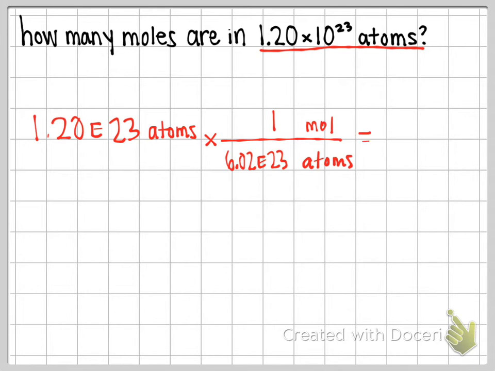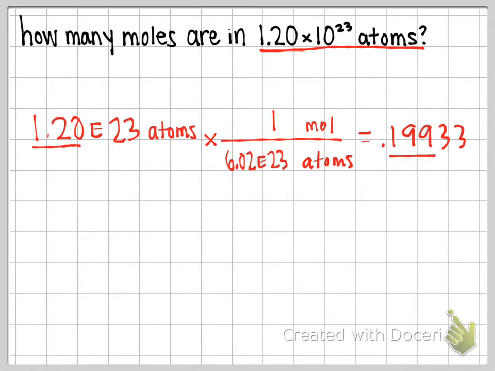And so if you type that into your calculator, you should get 0.199335548. Okay, but we need to look at how many sig figs we're allowed to have. You have 3 in your given number, and so your final answer can only have 3.